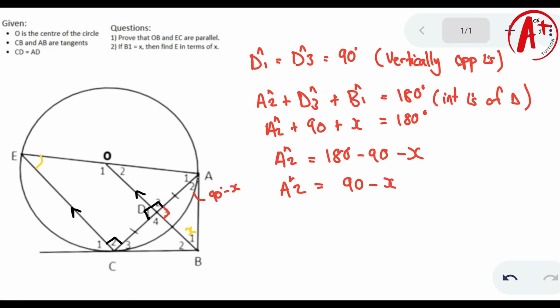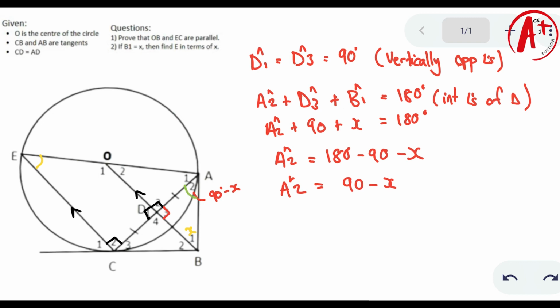Now we can see angle A2 lies between a tangent and a chord, and within our circle we also have a triangle. This means we could use the tan-chord theorem. The tan-chord theorem states that the angle between a tangent and a chord is equal to the opposite interior angle. Now, how do we know which is the opposite interior angle? We use the jump in and run method.